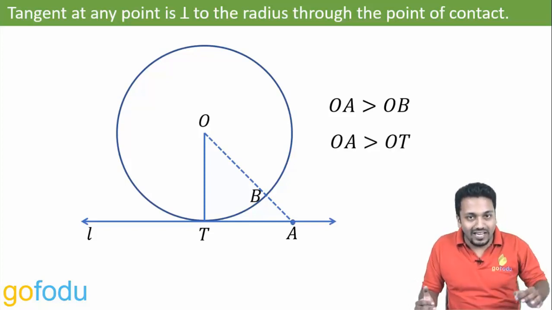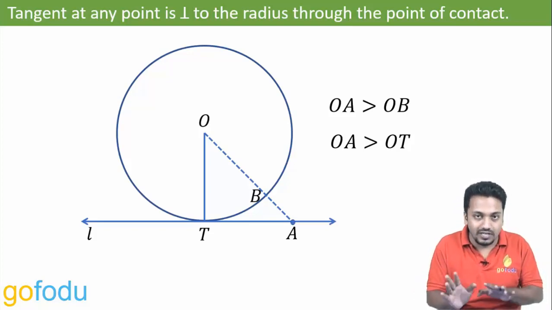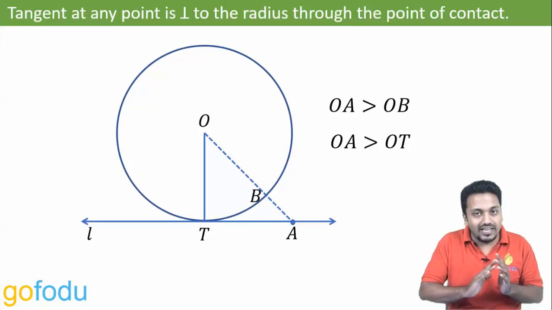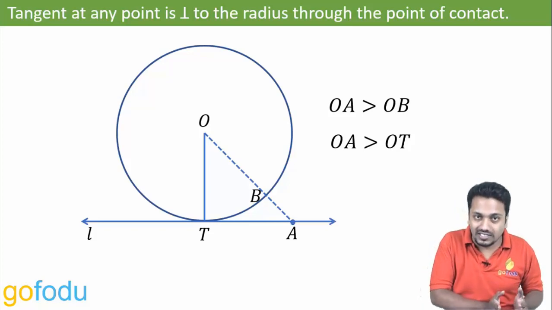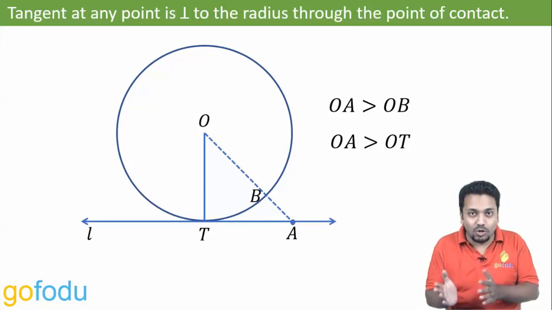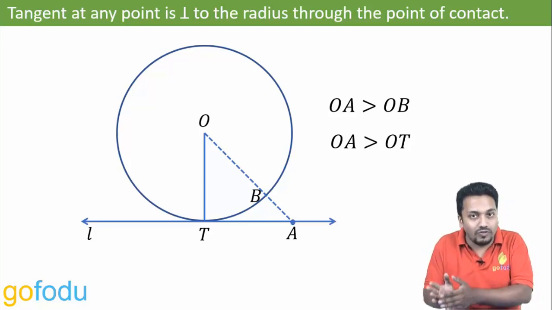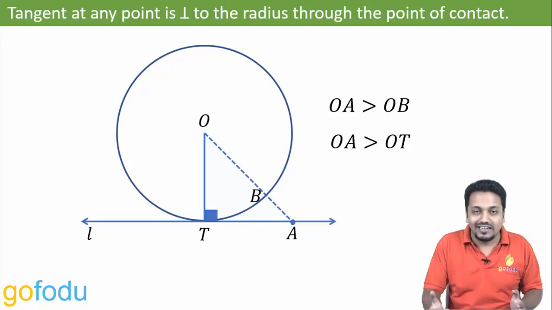Now, instead of A, we can take any other point. The result will be the same. OT is going to be the shortest distance from the center to the tangent. And what is the shortest distance? The shortest distance is always perpendicular. So OT is perpendicular to L.